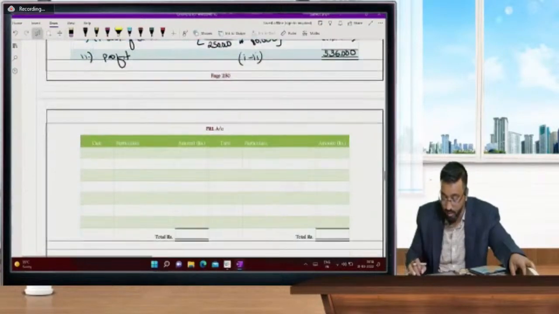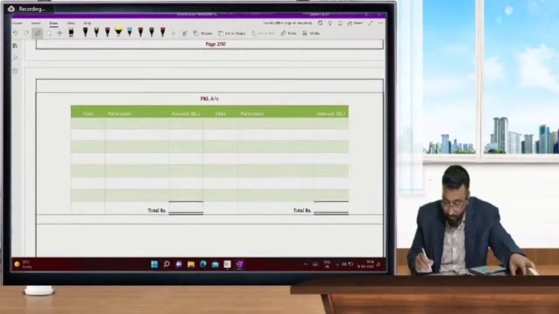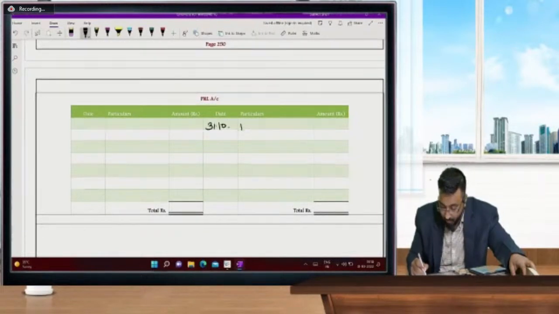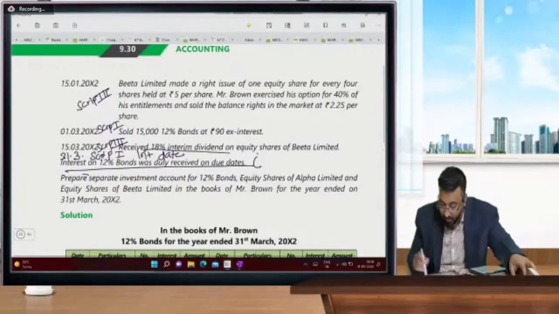And bonus share, yes, sorry beta, I forgot to write interim dividend. 31st October, by profit on sale, 5,36,000. And on 1st January, I think bonus shares are issued. Sorry, dividend is issued 18%.